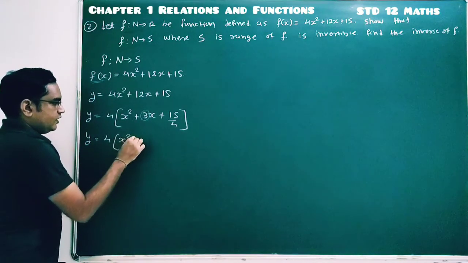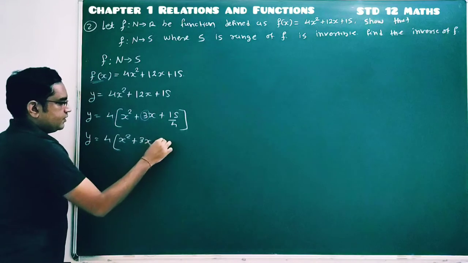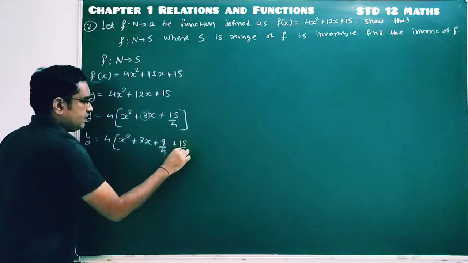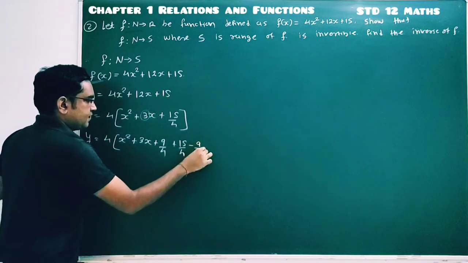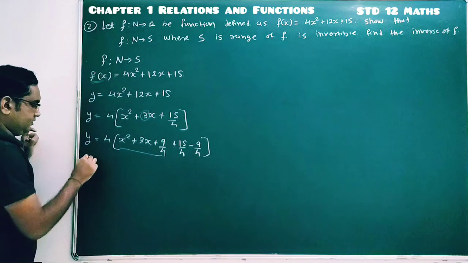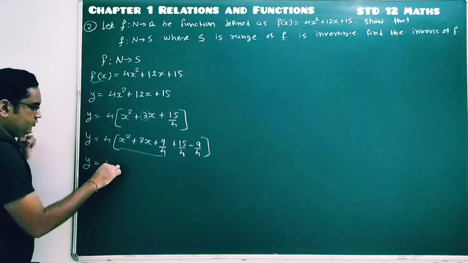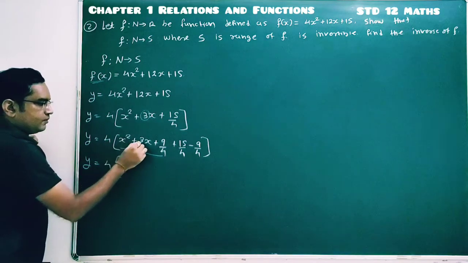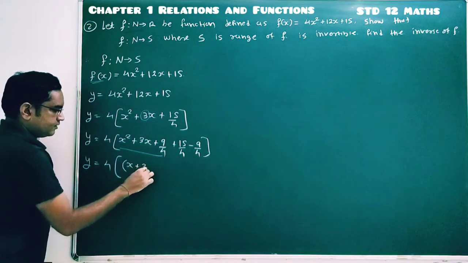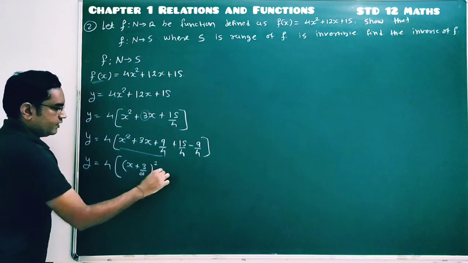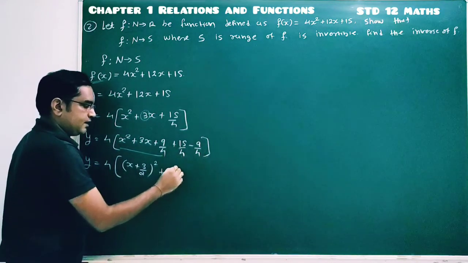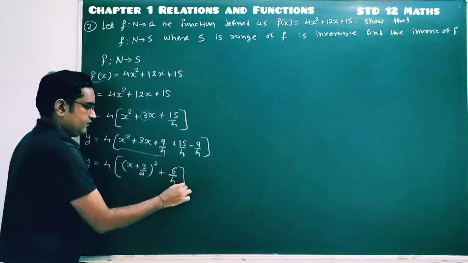So it's x square plus 3x plus 9 by 4 plus 15 by 4, and again we subtract that 9 by 4. So this will be a perfect square trinomial. So y equal to 4 into x square plus 3x plus 9 by 4, whose factorization is x plus 3 by 2 whole square, plus, on simplification with 4 as LCM, 15 minus 9, it's 6 by 4.